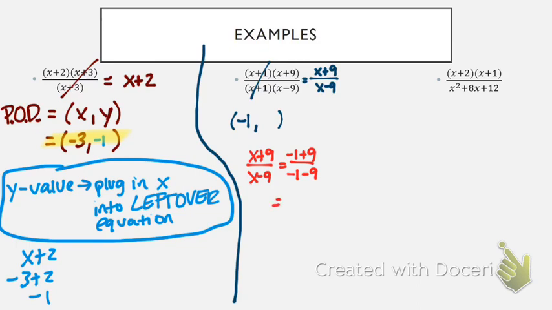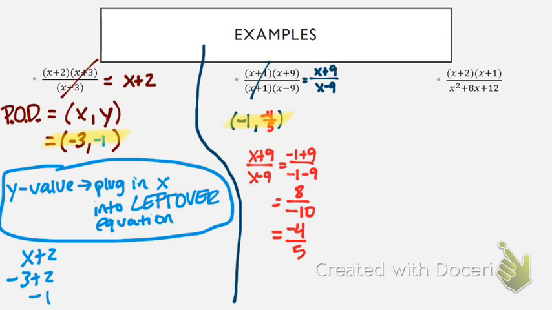Then this gives me 8 over negative 10, which is negative 4 over 5. Just leave it as a fraction. Don't convert that to 0.8. If you just have to do 0.8, you can. It means the same thing. So my point of discontinuity in the second example is going to be negative 1, negative 4 over 5.